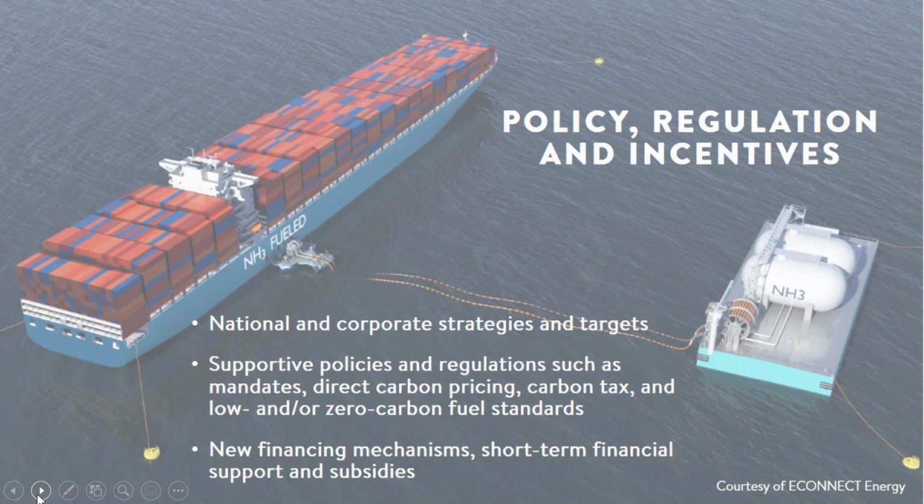Supportive policies such as emission charges and the tax credits, incentives, and some financial support are also needed to help overcome the high cost of clean ammonia and to attract and de-risk investment.